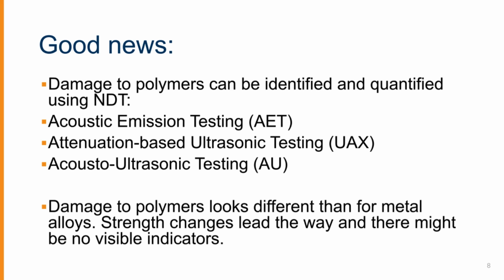There's acoustic emission testing, there's attenuation-based ultrasonic testing, and there's acousto-ultrasonic testing. The damage to polymers looks different than for metal alloys. The strength changes lead the way, and there may be no visible indicators. For example, if you're using ultrasonic testing, you may find no defects that you can pinpoint as related to damage.